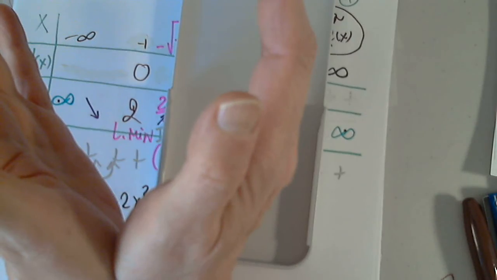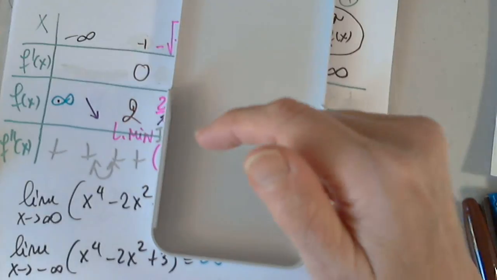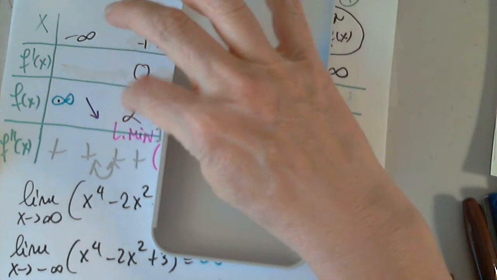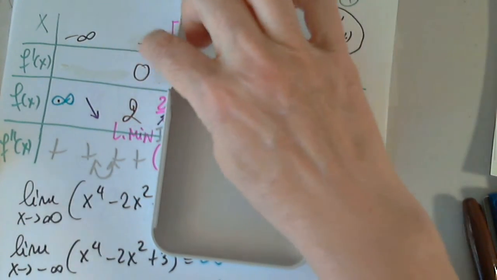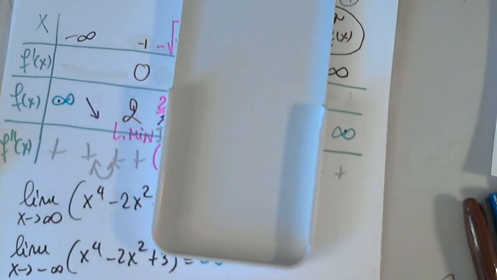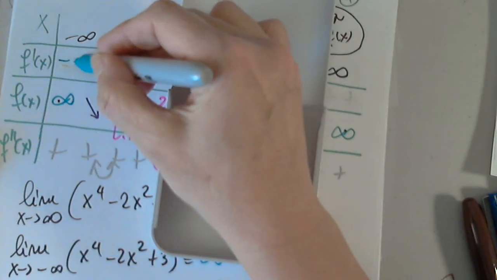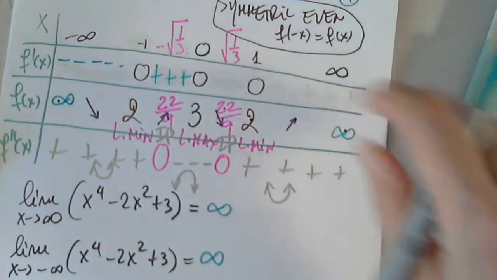There is no opening down. It opens up, and there is a critical number there at negative 1. The derivative is 0. Negative 1, 2 must be a local minimum. If it is a local minimum, then I know the sign. I don't have to study the sign. I can fill it in now.